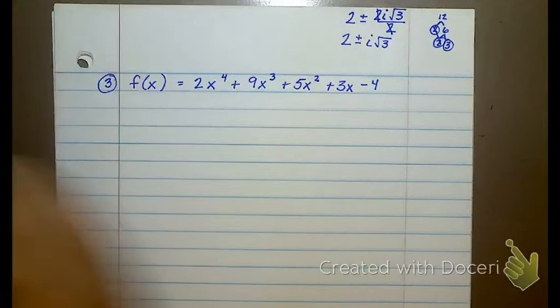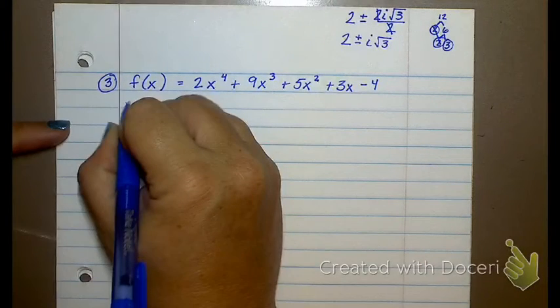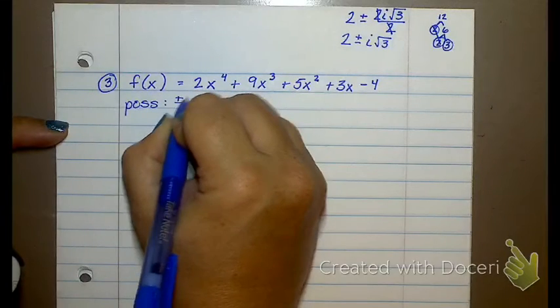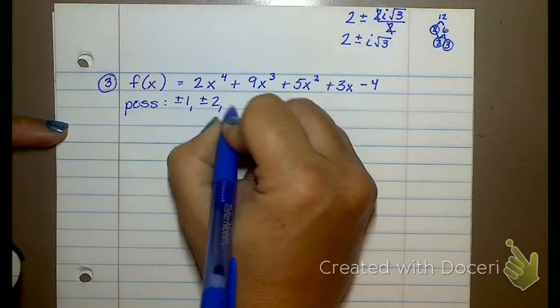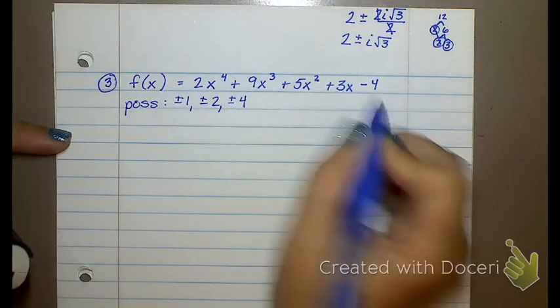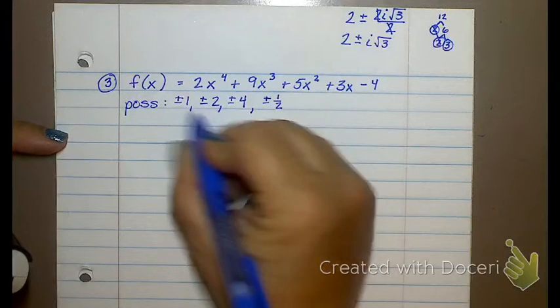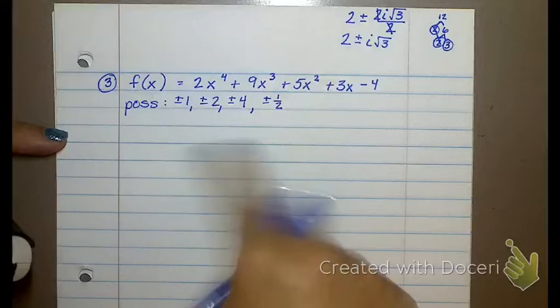Oops. So what's my list of possibilities? Obviously, it's going to be 1, 2, 4, 1 over 2, and then 2 over 2 and 4 over 2 are duplicates. So that's my list, right?